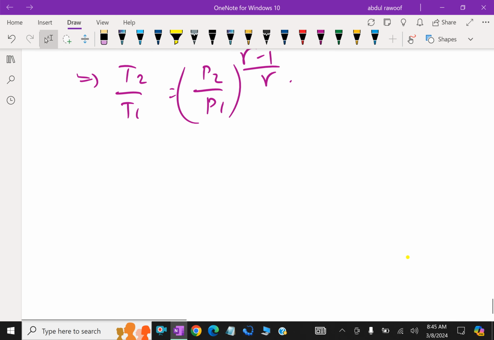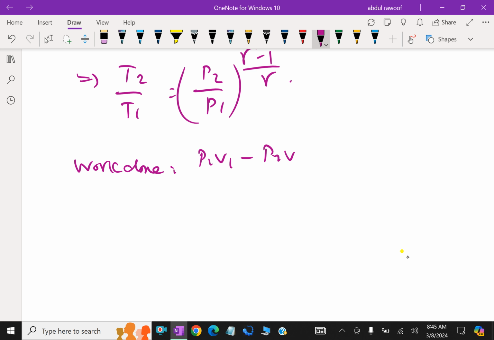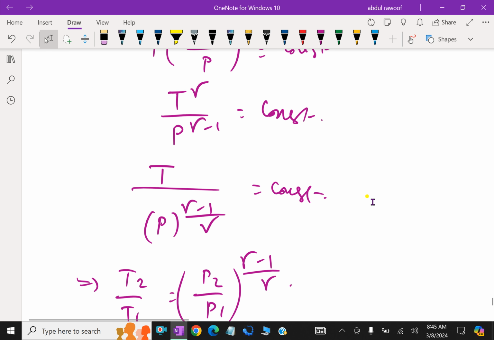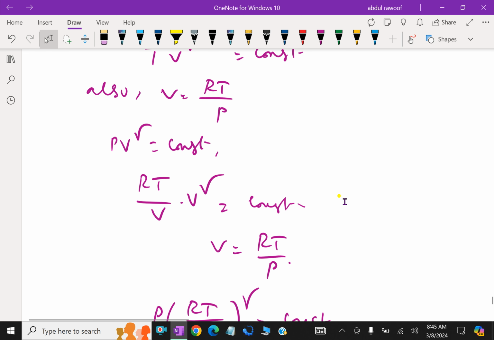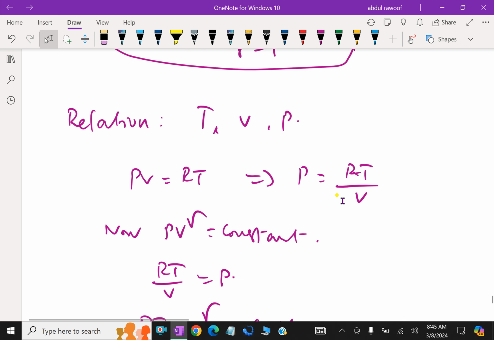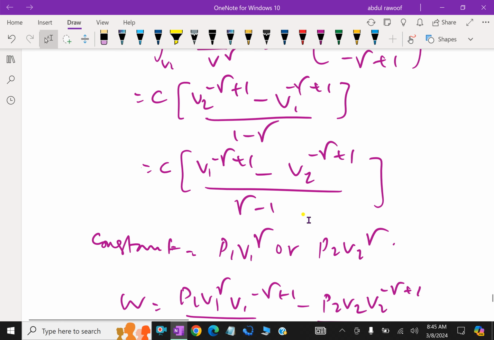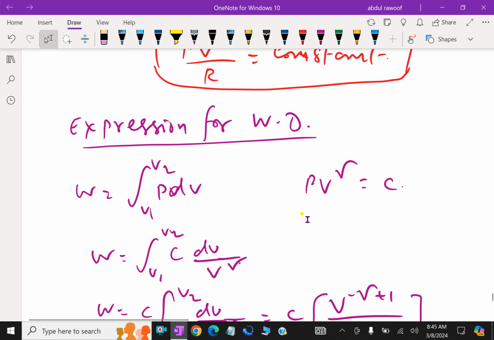From this, previously we discussed that work done in this process we can write P1 V1 minus P2 V2 by gamma minus 1. So far we discussed a little difficult derivation for adiabatic process, that is work done.